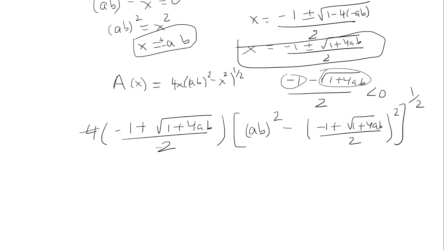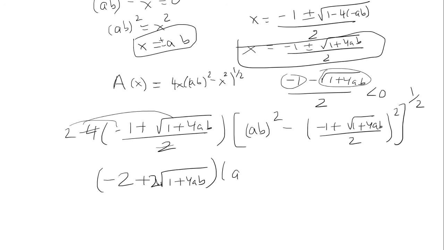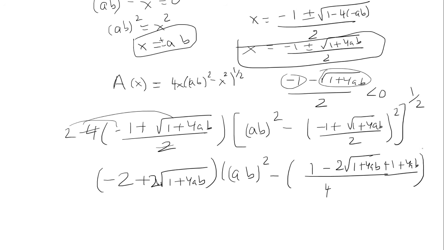And so this will cancel. We'll have 2, and then we'll distribute out the 2. So it'll be -2 plus 2 times the square root of 1 + 4ab. And then that's (ab)² minus, we're going to square the denominator, and then raise it to the 1/2 power.